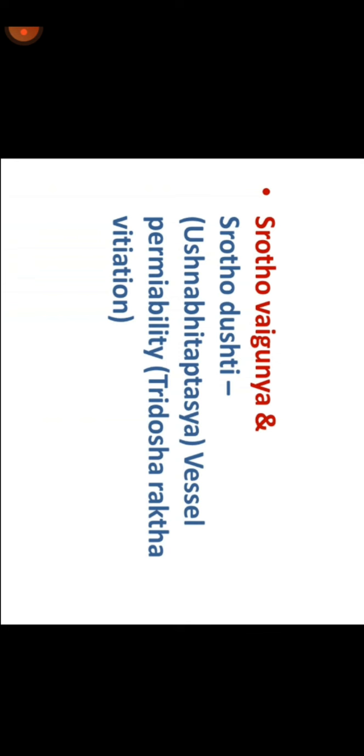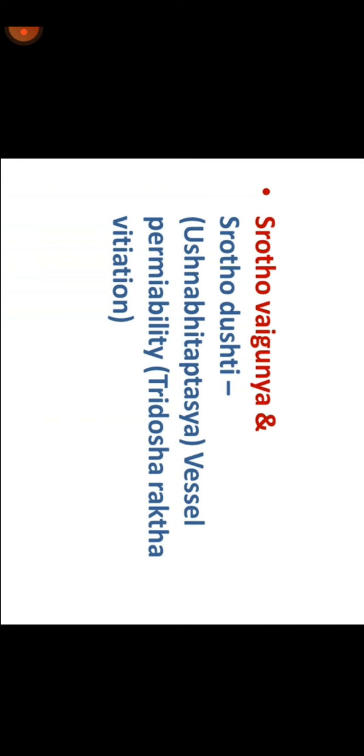In that context, Acharya clearly mentioned that the vitiation of Tridosha and Rakta will happen in the Koshta, by the act of Ushnabhitaptasya Jala Pravesha.